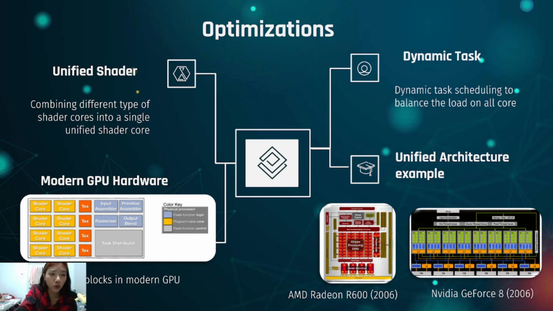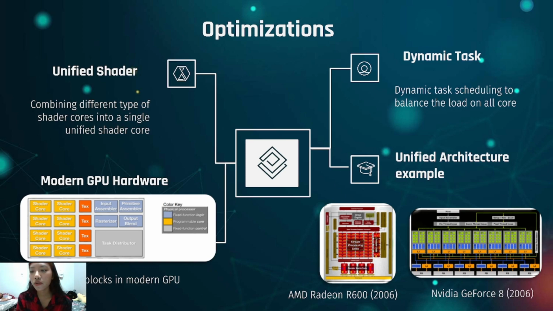Here is an example of modern GPU hardware. These are the basic blocks in a modern GPU. As you can see, there are multiple shader cores, and for the fixed function logic, there is the input assembler, primitive assembler, rasterizer, and output blend. And for the fixed function control, there is the task distributor.